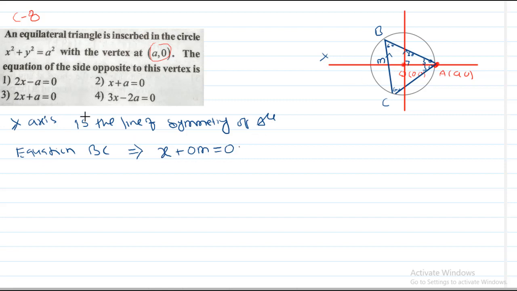Now I can say that the required equation is x plus OM equal to 0. So it is better to find the length of OM, or the value of OM.